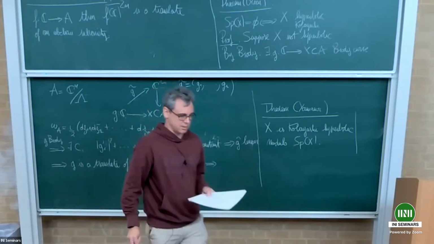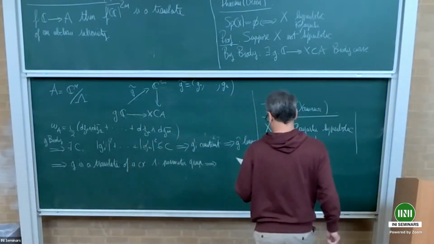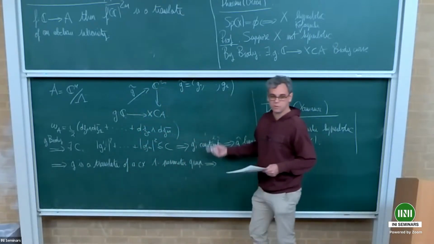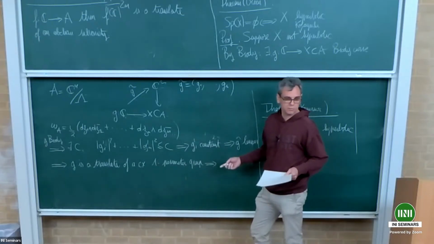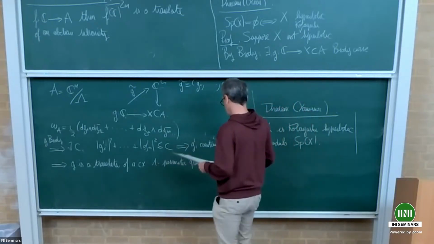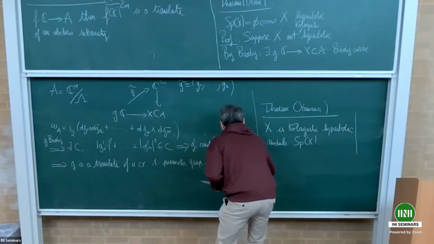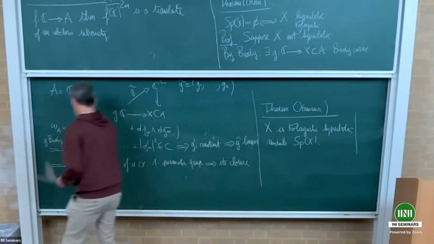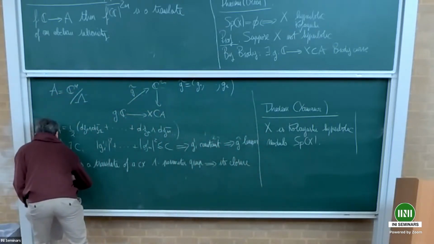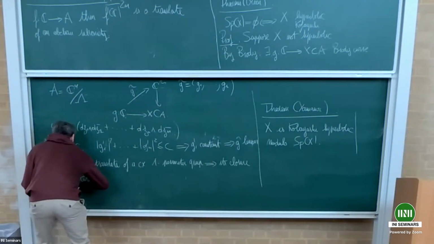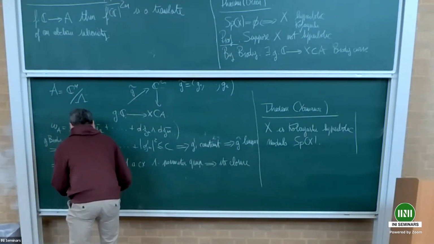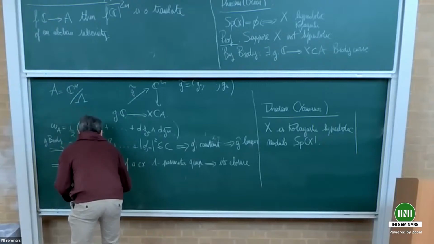If you take its closure, it's still a subgroup of the Abelian variety, and then you have obtained a subtorus, right? So its closure is a non-trivial Abelian subgroup.